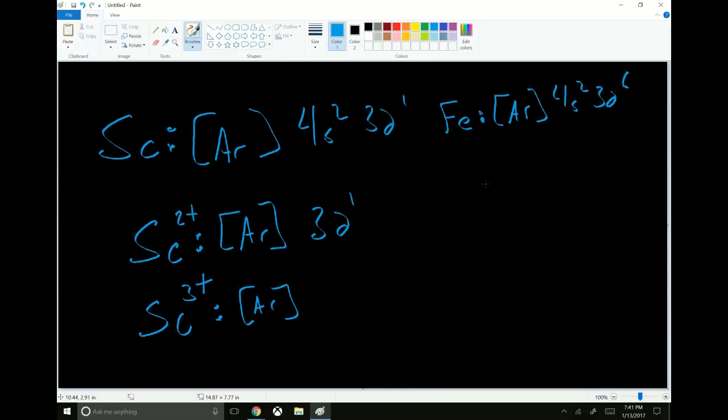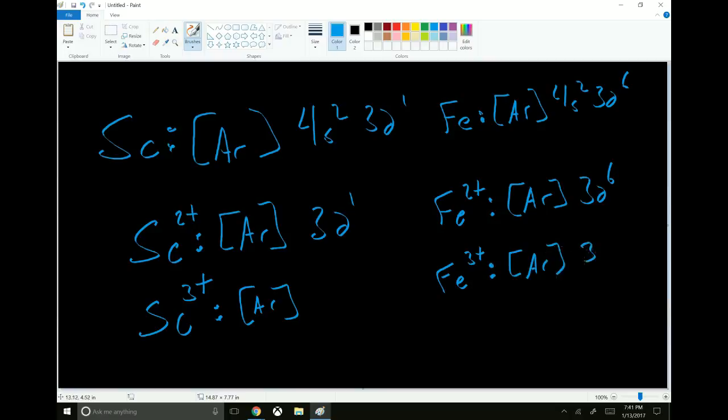It can form either a 2+ ion, which it does by losing its s electrons, leaving it with its 6 d electrons, or it can form a 3+ ion by losing one of its d electrons as well. That leaves it with a half-full subshell, lots of resonance, very happy, and those are the ions that iron forms.